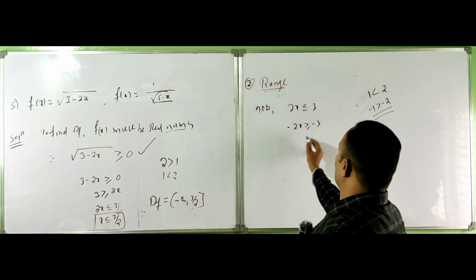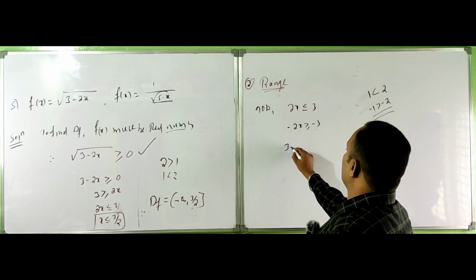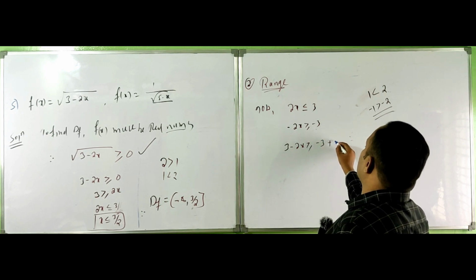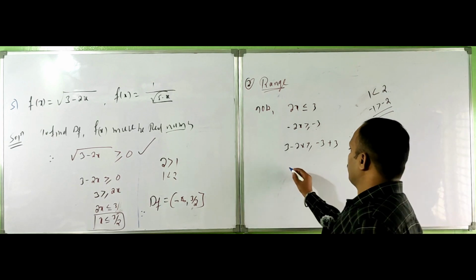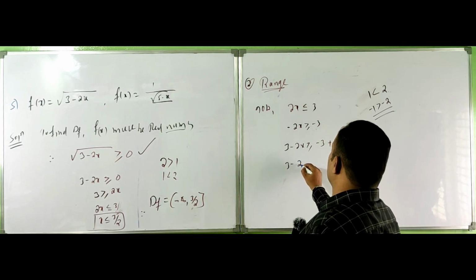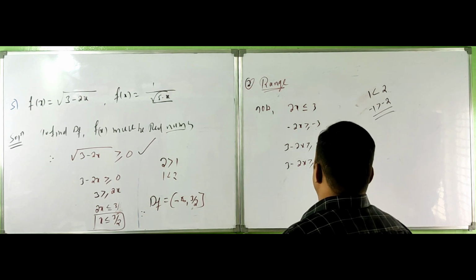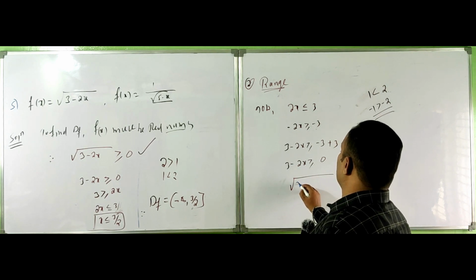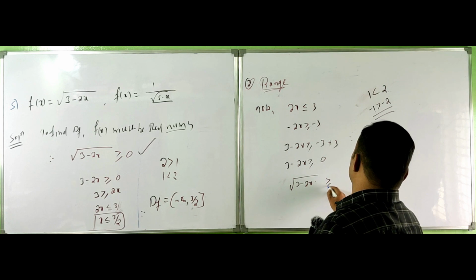Again, add 3. You can add 3 minus 2x greater than or equal to minus 3 plus 3. So 3 minus 2x is greater than or equal to 0. Right? And take the square root also. The square root of 3 minus 2x is again greater than or equal to 0.